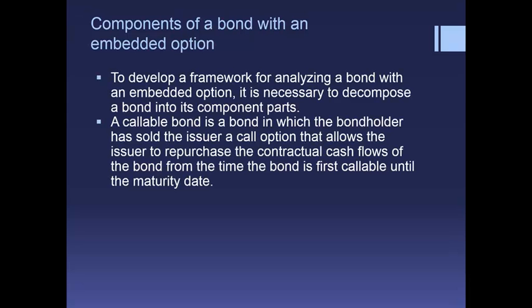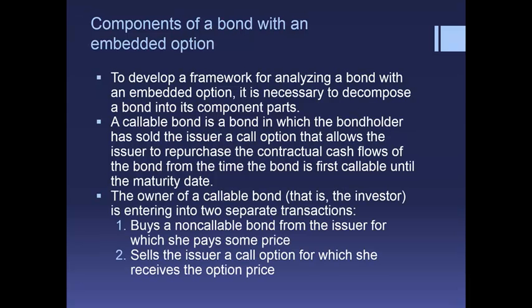Now what we can do is look at the value of a callable bond in terms of its components. Basically, you can say a callable bond has a straight bond or non-callable bond as part of it, and then we make an adjustment for the fact that there is that call option.